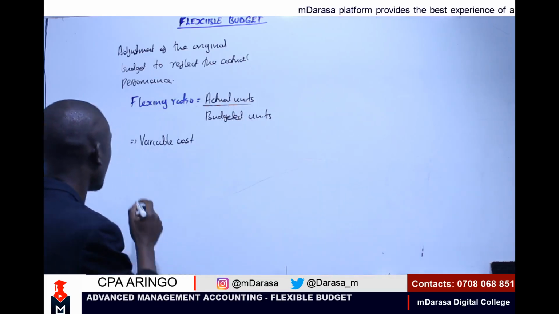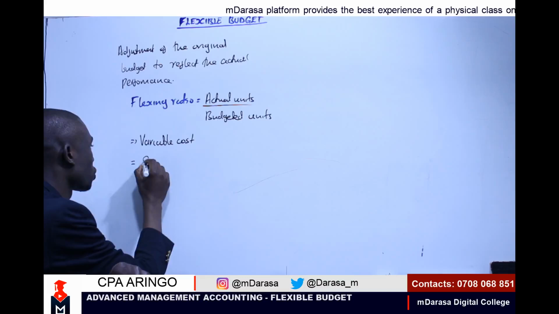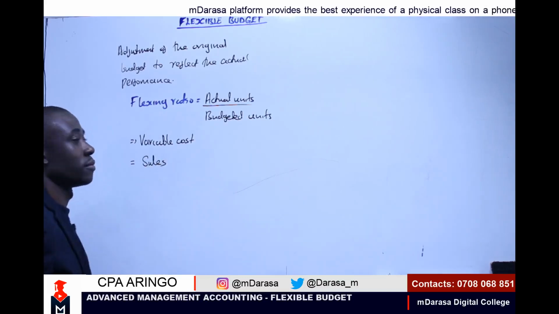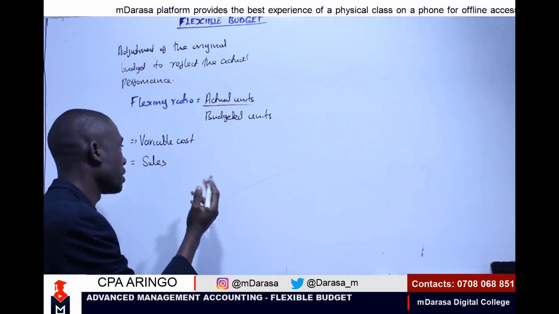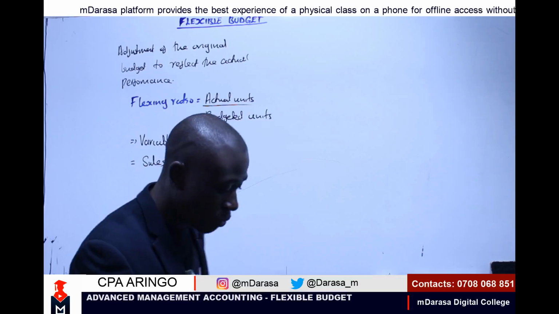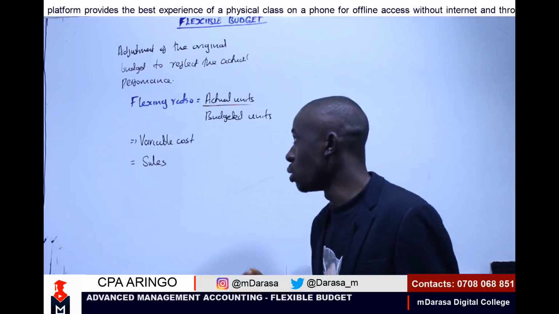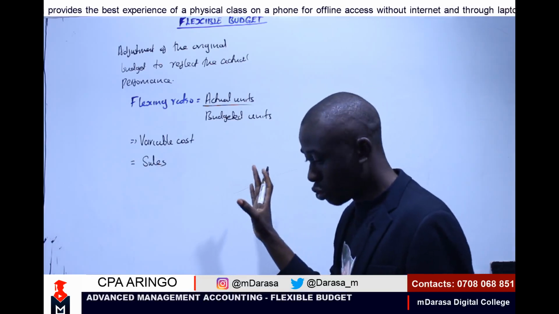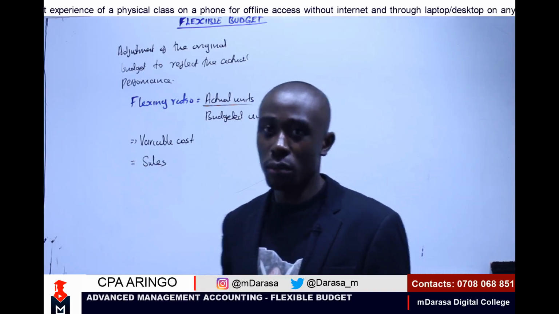Then another element to be affected by the flexing ratio is sales, and in this case we are talking of sales in terms of value. So this is what we mentioned earlier on when we introduced flexible budget.